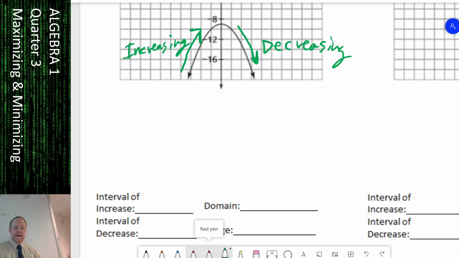We're going to use our axis of symmetry to cut up our intervals, to make sections where it's doing the two different things. So our axis of symmetry is right in the middle here, right? X equals 0 is our axis of symmetry. And so it asks first about increasing, interval of increase.